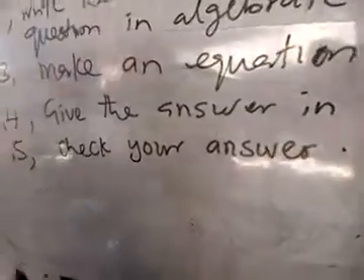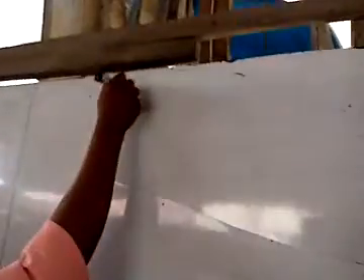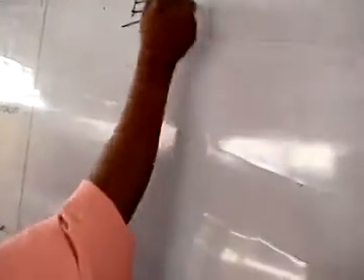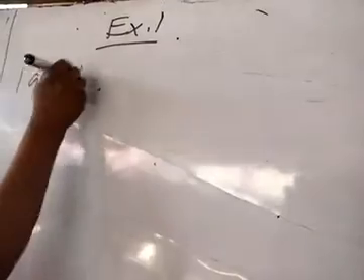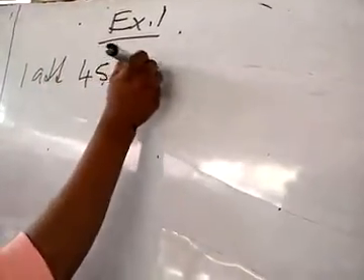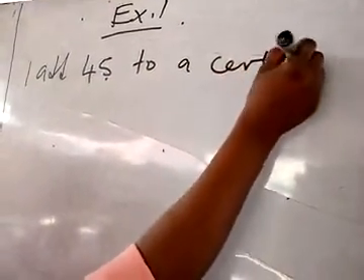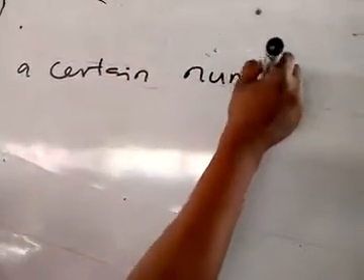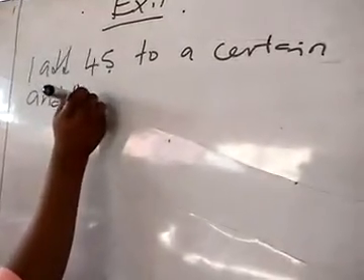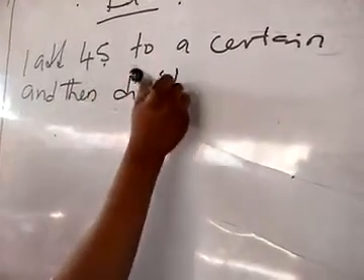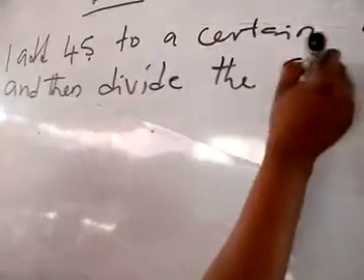Well, let's solve one example. Example 1. I add 45 to a certain number and then divide the sum by 2.